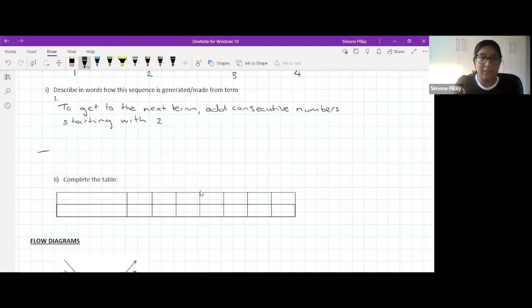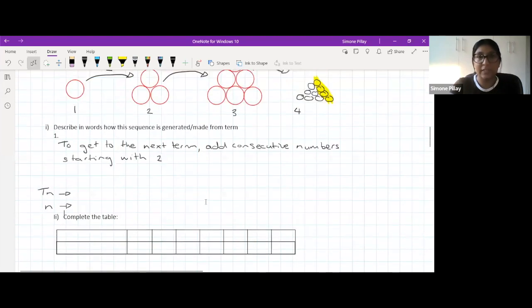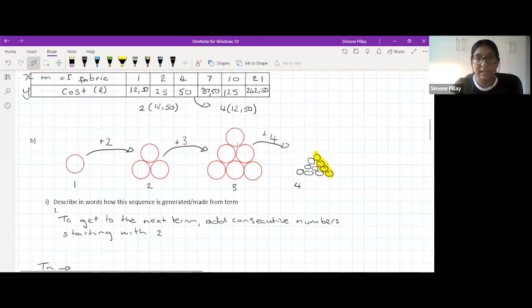I know that I have a TN and I know that I have an N. My TN is what? From the 6 that I had over here in pattern number 3, I am adding 4 and then I have a total of 10 over here.